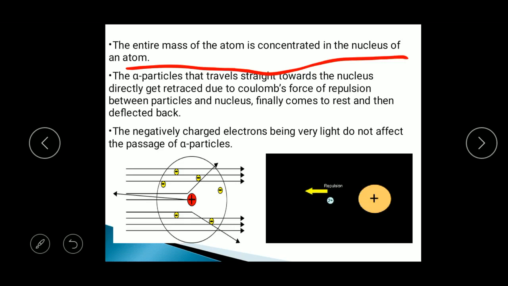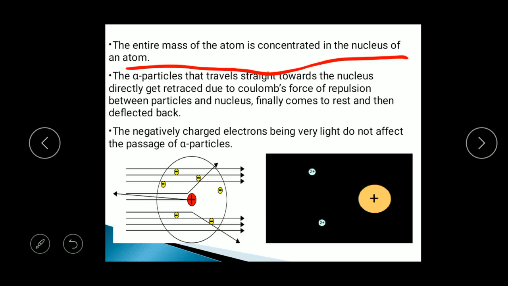Next, the alpha particles which are traveling directly towards the nucleus get retraced or deflected back due to what? The repulsive force between the positively charged alpha particle and the positively charged nucleus, right? They retrace their original path due to the Coulomb force of repulsion between the positively charged alpha particle and the positively charged central core at the center of the atom.